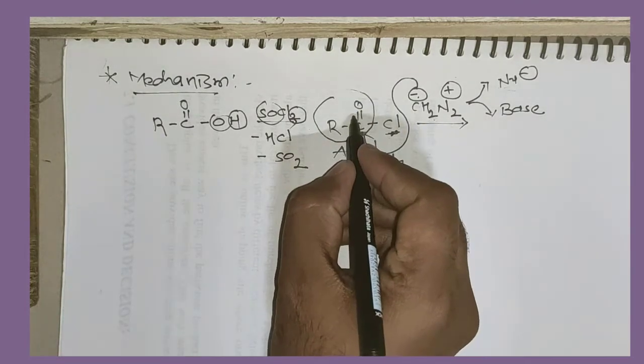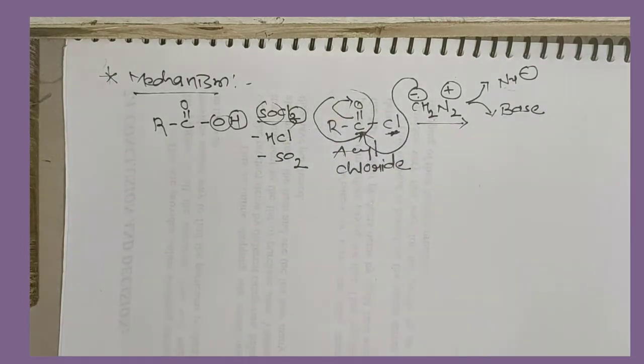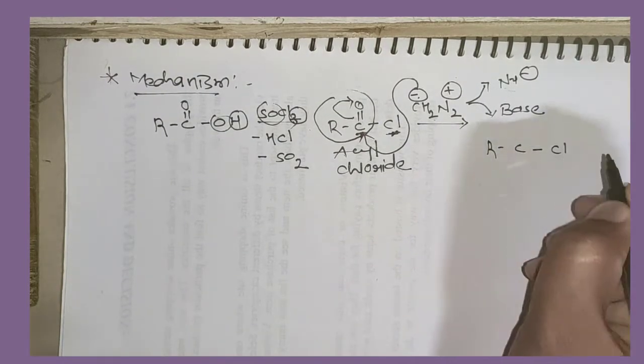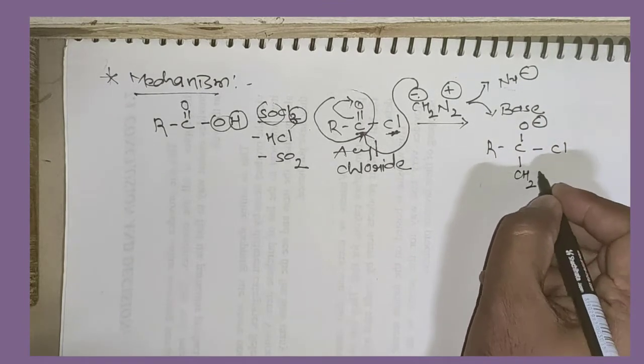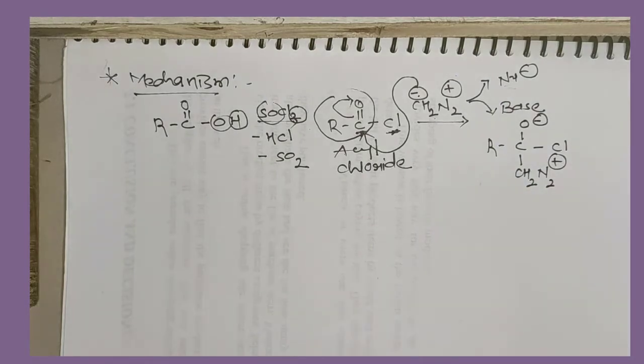Now being more electronegative, oxygen attracts the bonding electron pair towards itself. So the first case is RCl as it is, here O minus, and this carbon is attached to CH2N2 plus. Right? So here diazomethane acts as a nucleophile.